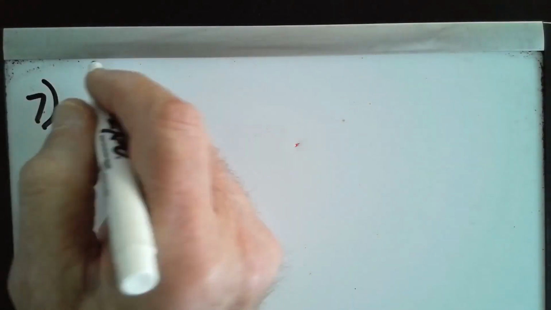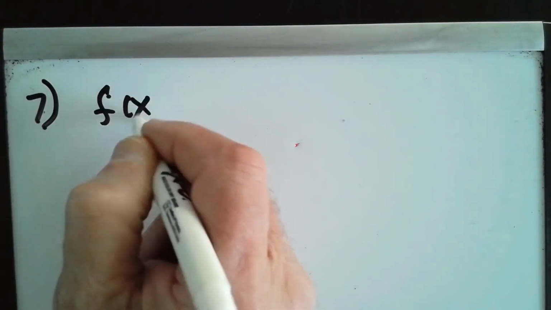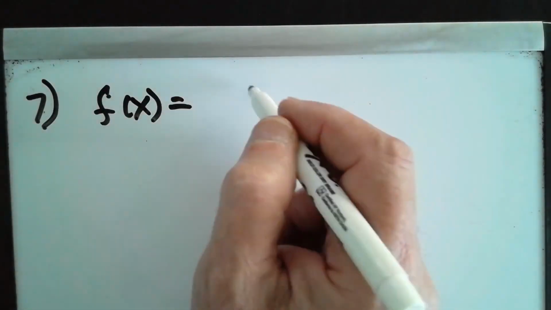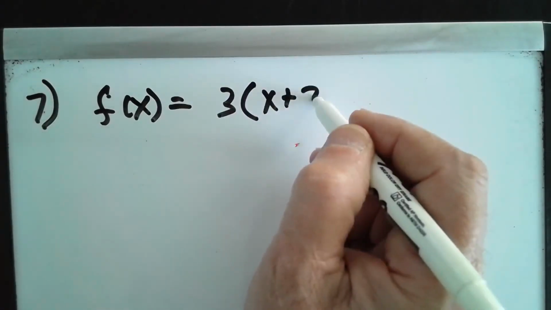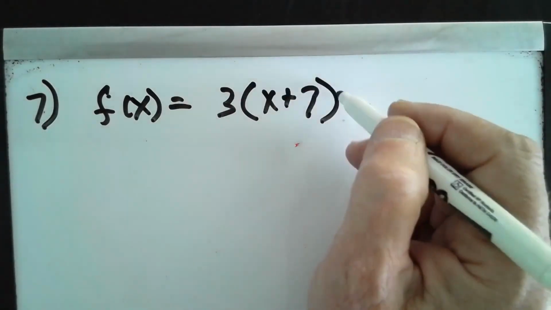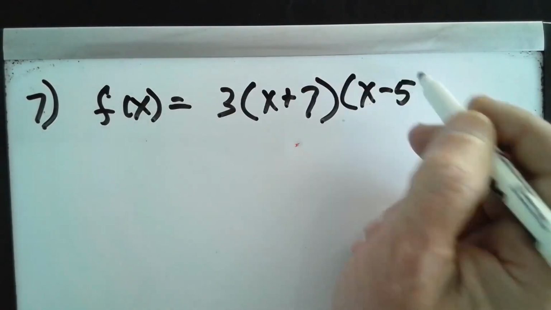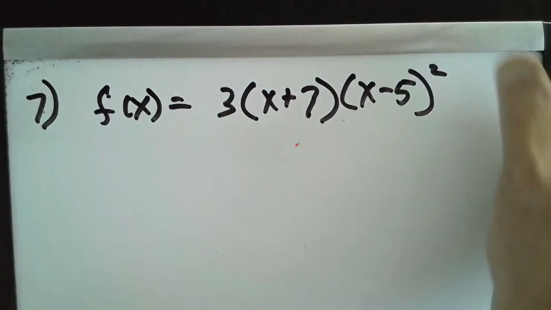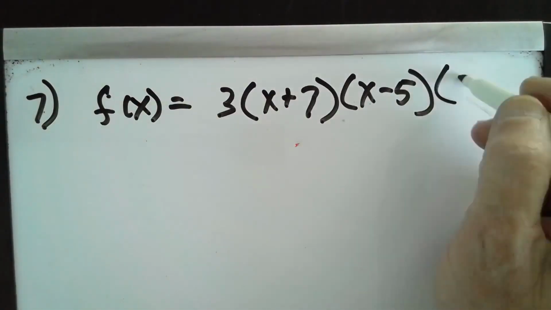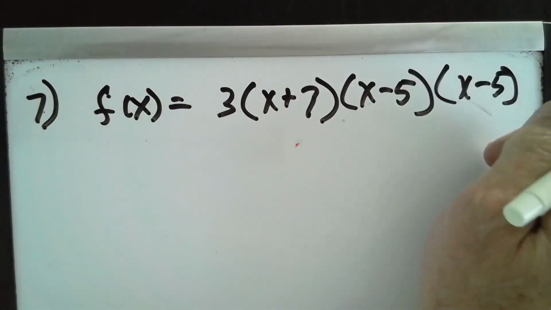So if we have number 7, f of x equals 3 times x plus 7 times x minus 5 squared. Well, the square is the same thing as if we said x minus 5 times x minus 5, right?